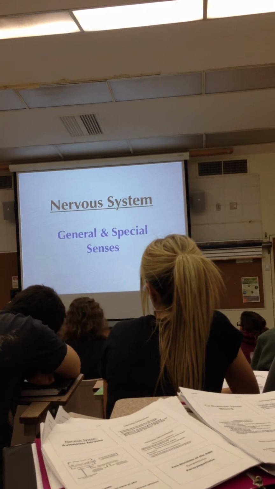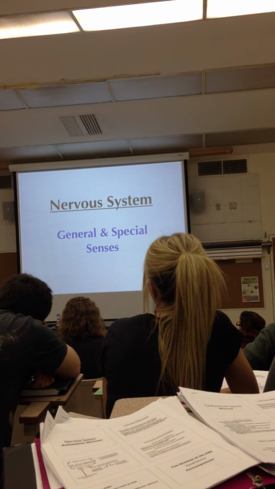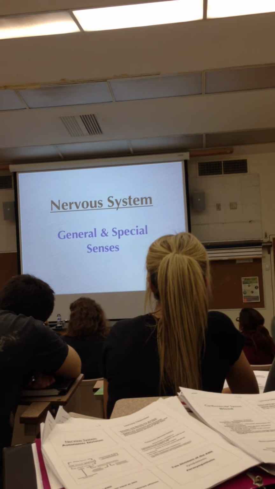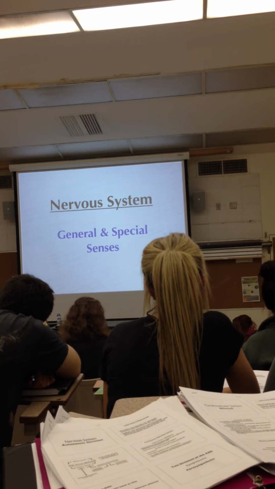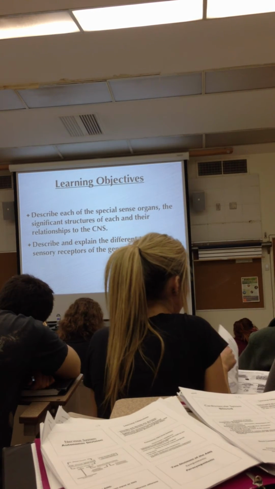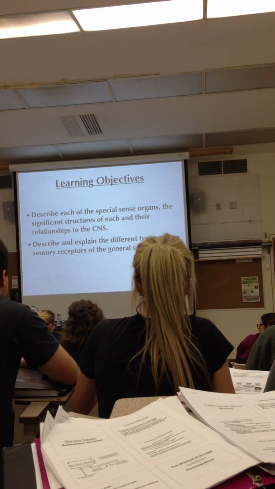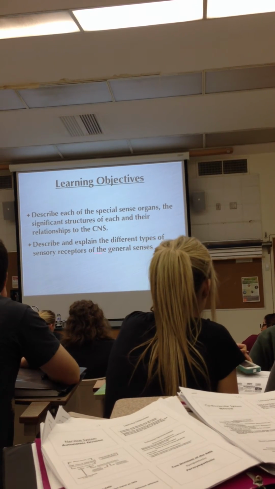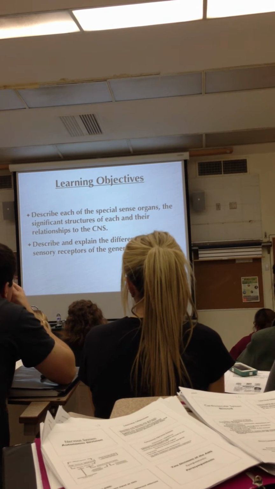And we're going to look at both general and special senses. I'm not going to spend a lot of time on the general senses. We'll spend more time on the eye and the ear because they're more interesting. In the special senses, we're going to look at the different organs and some of their structure, and then we'll look at some different types of receptors for the general senses.